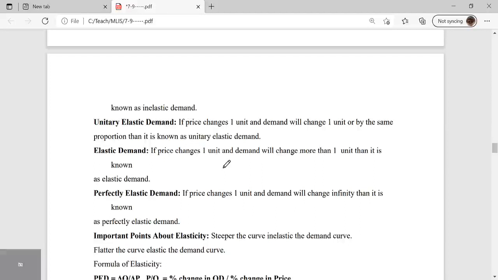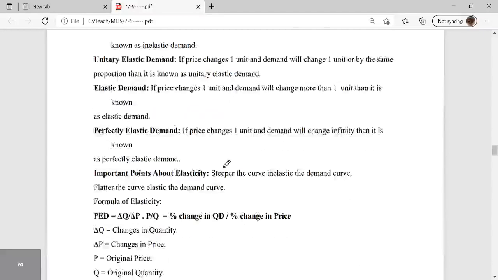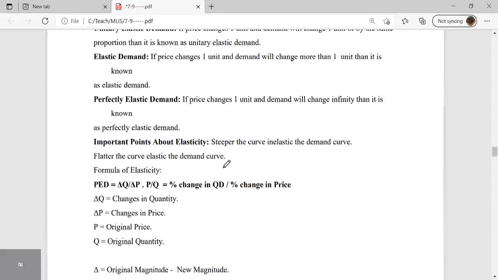Okay, so that's it. So you already noticed that the steeper the curve, the more inelastic the demand curve will be. Closer to the vertical, it will be more inelastic.